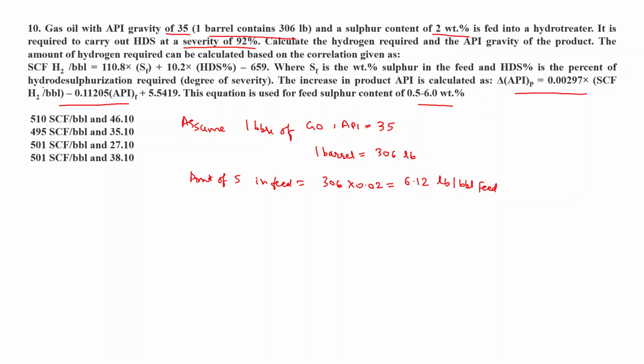So let us come to the amount of hydrogen required, which is given by the empirical formula in the question. So let us put the values: 110.8 into 2, where SF is the sulfur content, plus 10.2 into degree of severity, which is 92, minus 659.